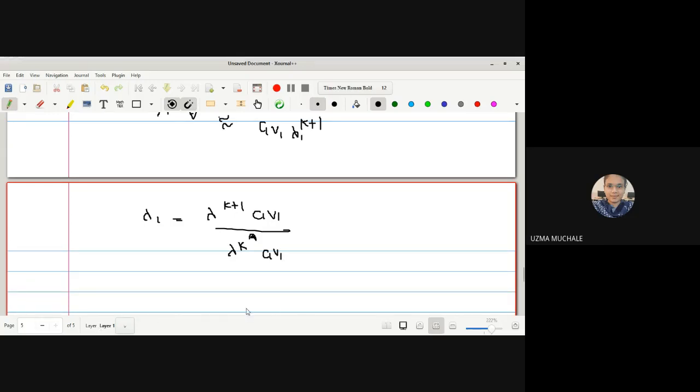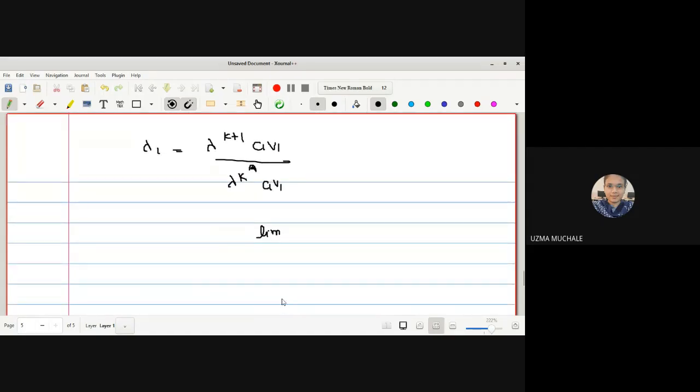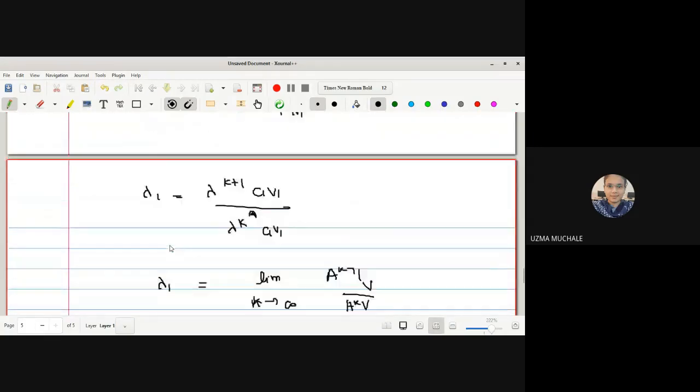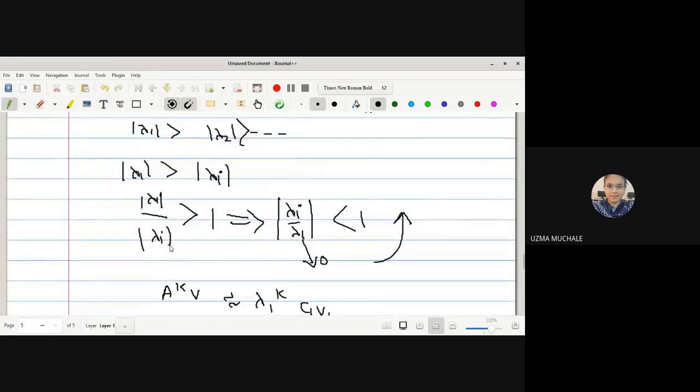Hence we can now say, as k tends to infinity, the limit of A raised to k plus 1 b divided by A raised to k b is equal to lambda 1. So this is the method we have.